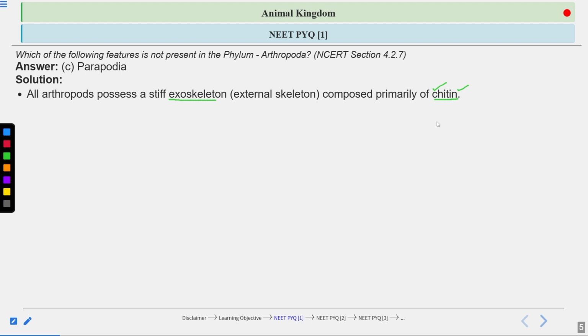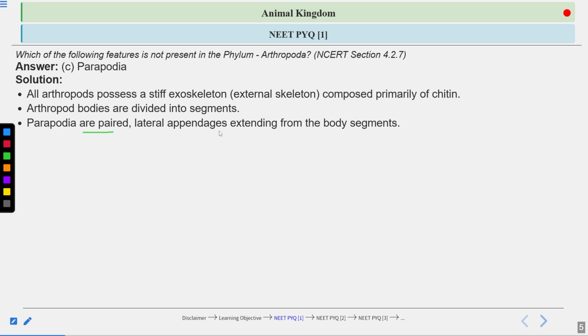That is one of the very important features of arthropods. Their bodies are divided into segments, and there is a repetition of some of the organs in the segments.